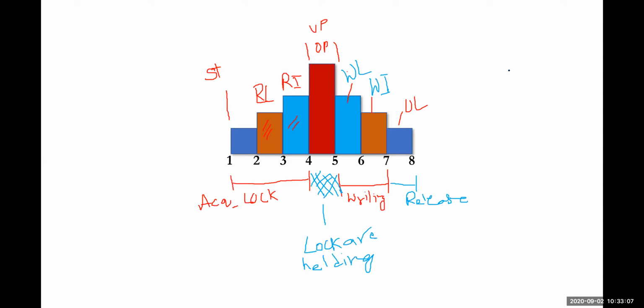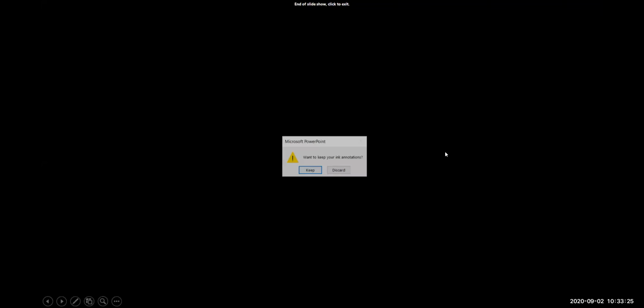This two-phase locking protocol is very useful while executing batch processing systems in our databases. So this is what the two-phase locking mechanism is about.